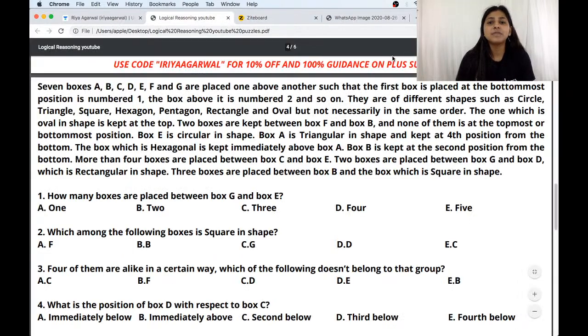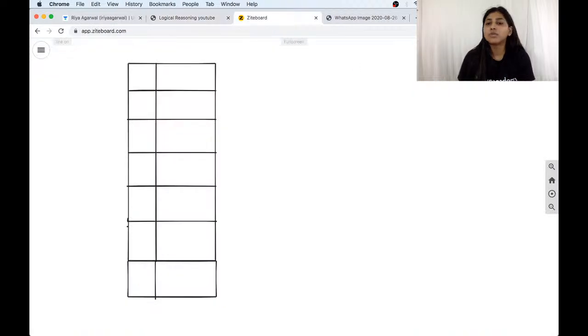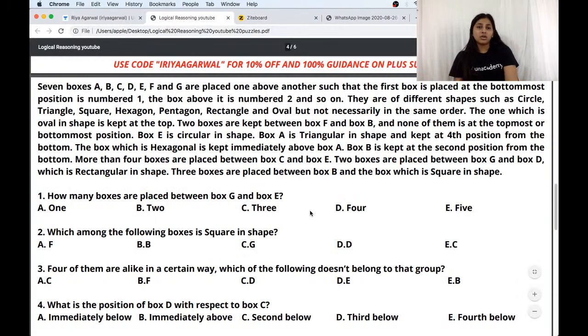Again the boxes are kept in which order? Numbered 1, 2 and so on. Okay, numbered 1, 2, 3, 4, 5, 6, 7. Alright, bottommost is 1 and then 2 and then so on. They are of different shapes such as circle, triangle, square, hexagon, pentagon, rectangle and oval, but not necessarily in same order.